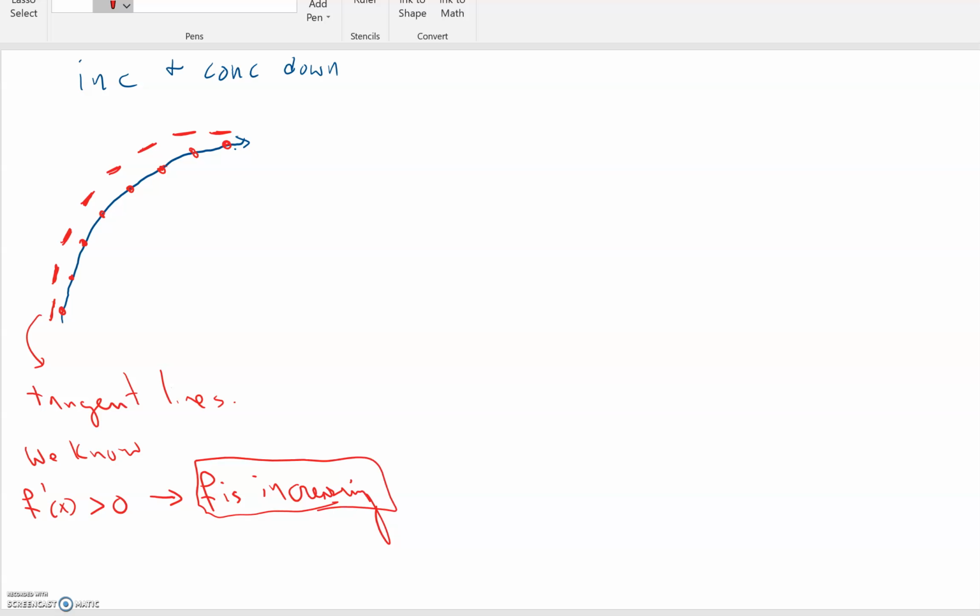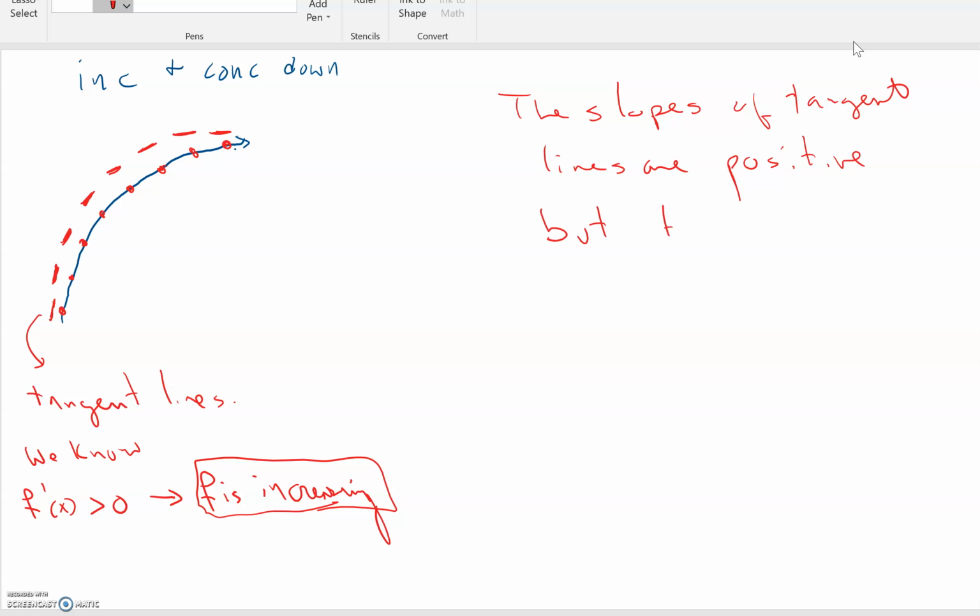But what about the tangent lines? What are they doing? Notice here that in this particular picture, the slopes of the tangent lines are all positive. Yes, we know that already. But what I'm more interested in is that they are decreasing.